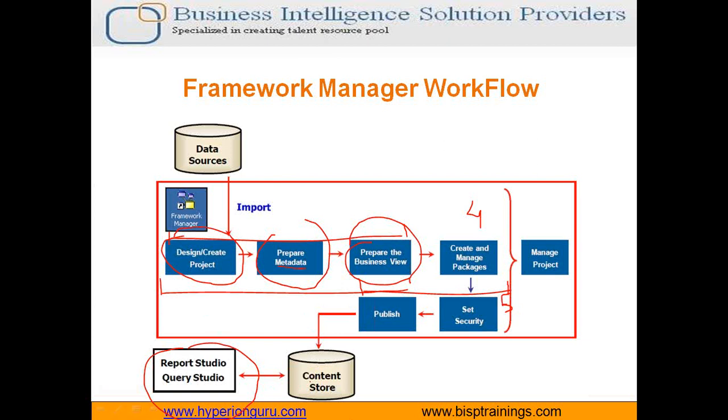Content management, the content server, the content store: as you cannot directly query your underlying data source, we prepare a Framework Manager which in turn stores all the information about the metadata, like name of table, name of column, type of column, check constraints, keys, all stored in the content store. It's like a catalog system.